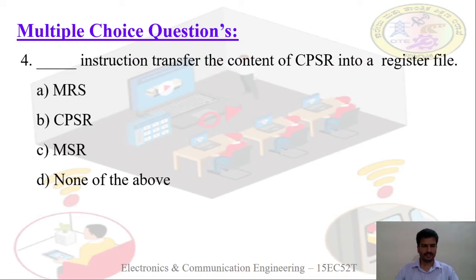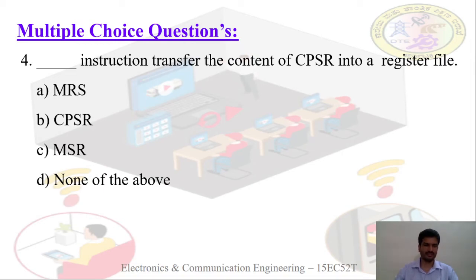So next question. Dash instruction transfers the content of CPSR into a register file. A MRS, B CPSR, C MSR, D none of the above. Which instruction is used to transfer the content of the status register CPSR to the register file?